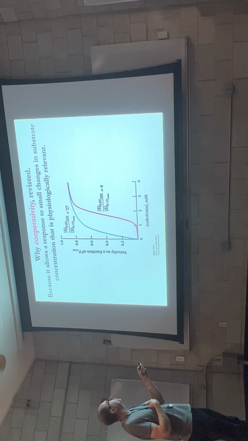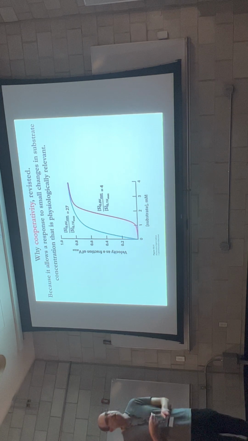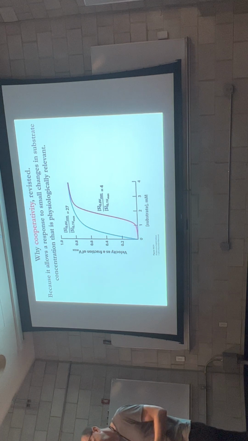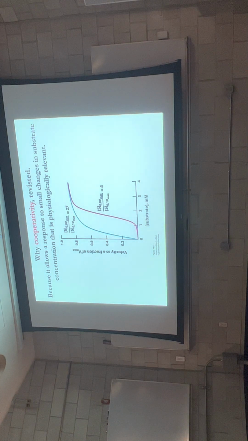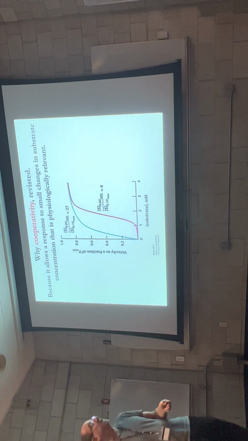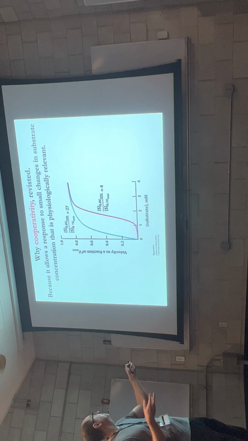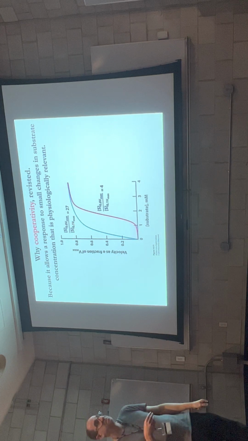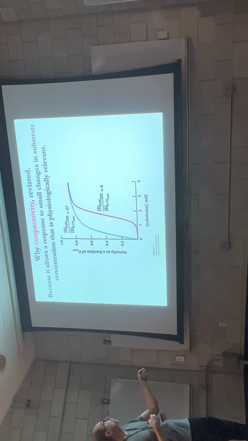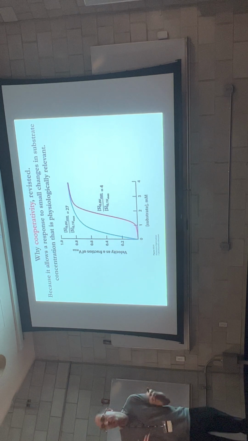So what they're showing me is that I will observe a ratio of 27 for the substrate concentration that's necessary to achieve a velocity that is 80% of maximal velocity over the substrate concentration that gets me 10%, versus the cooperative enzyme, which in this case is a ratio of only 4.